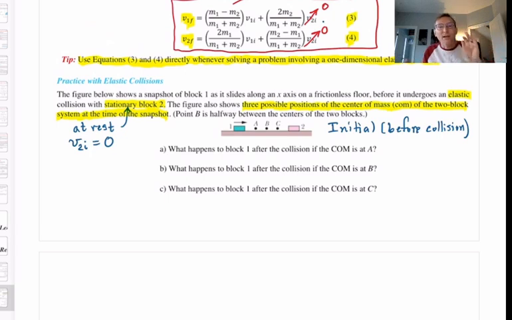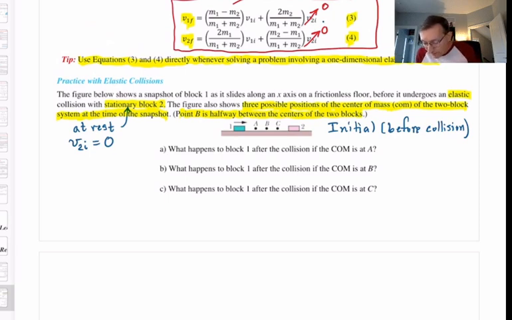They're possible locations of the center of mass of the 2-block system in this snapshot. Note, point B of the 3 is halfway between the centers of the 2 blocks. All right, here come some questions that are going to allow us to practice with equations 3 and 4.